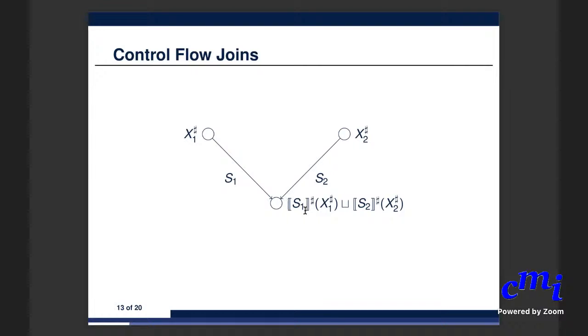You do that by applying your abstract transformer for the two pieces of code, and then you take the join of those two things.